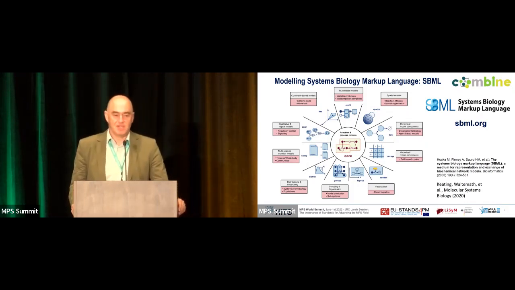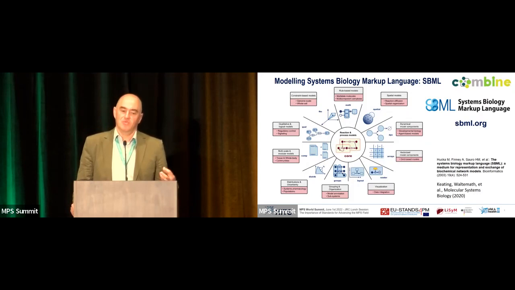To give you a few examples, here I picked one example from the modeling world of such standards, and they are very often driven by the scientific communities as grassroots standards. So they are just developed fit for purpose that is needed to standardize a certain type of data.